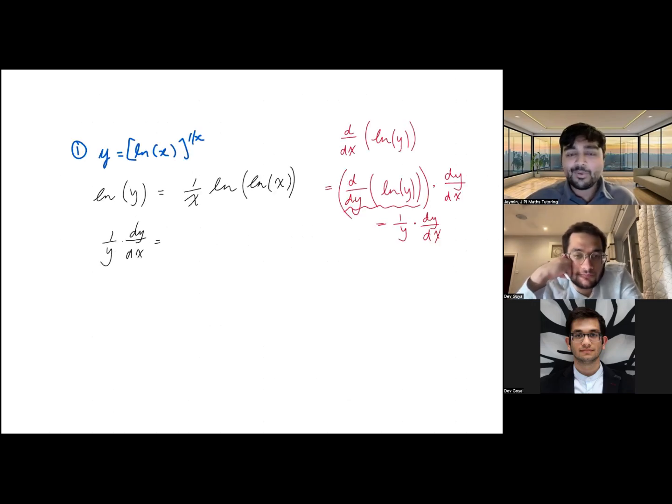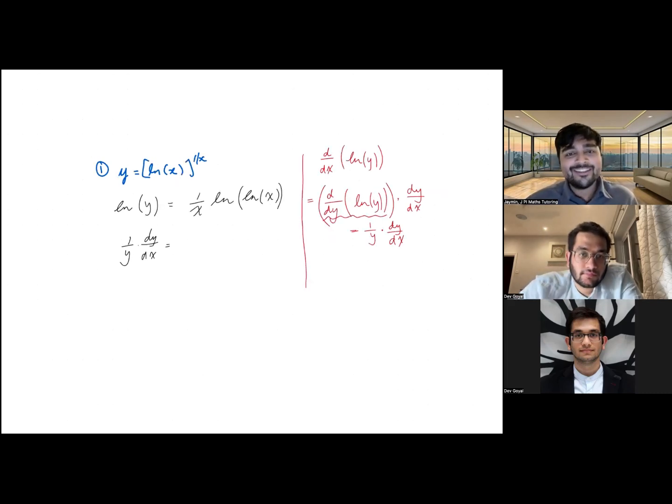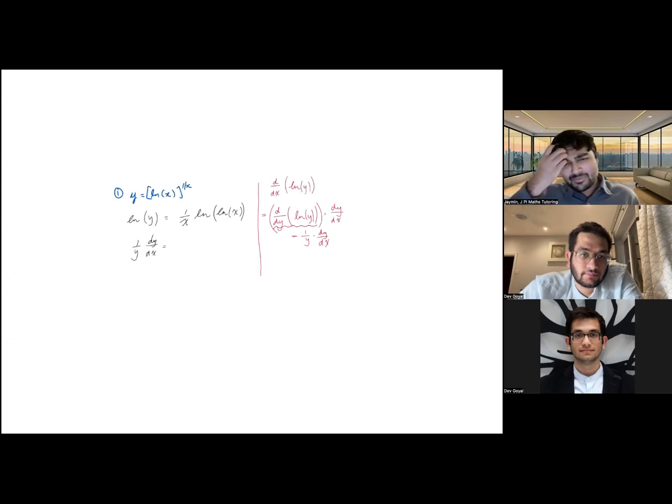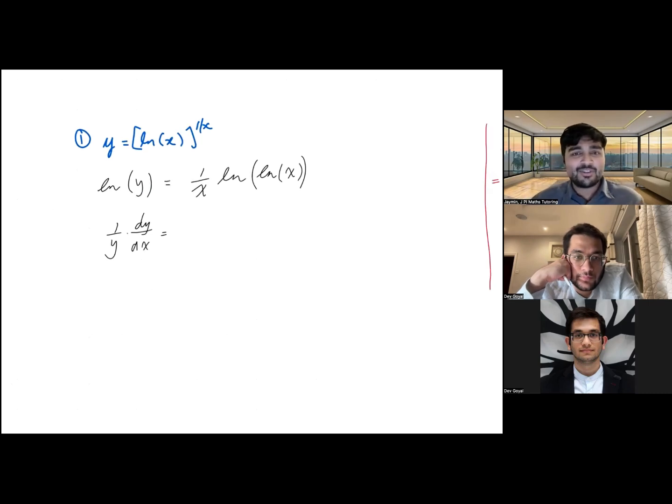Awesome. So we've differentiated the left side, and that's got to equal the derivative of our right-hand side. I'll draw a line here so I don't interact with the writing on the right. We've got 1 over x times ln of ln x, so we'll have to use the product rule.